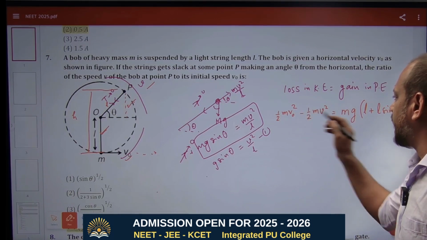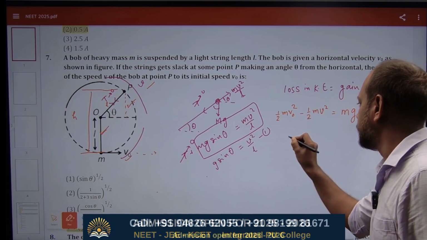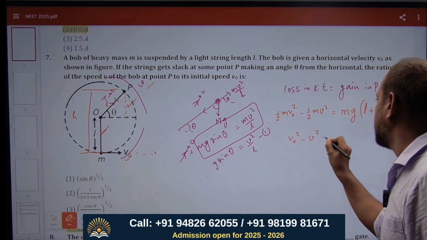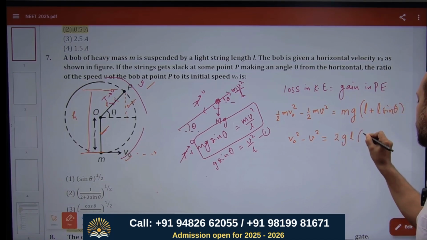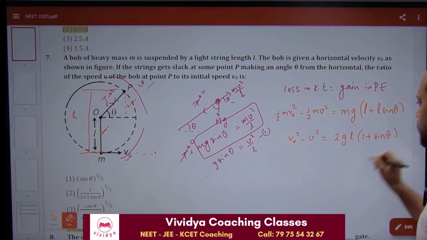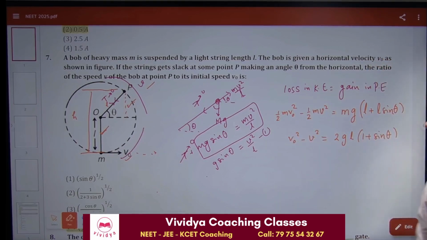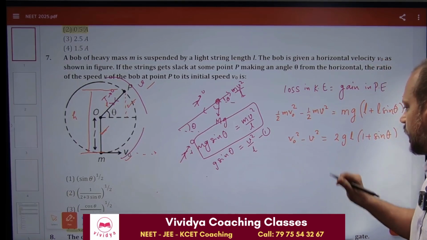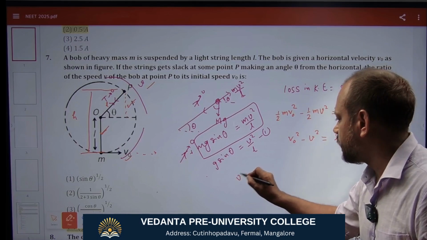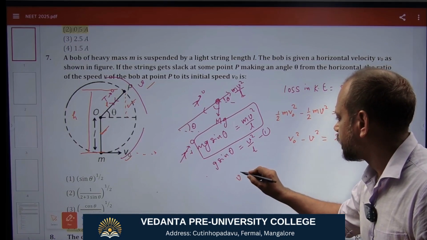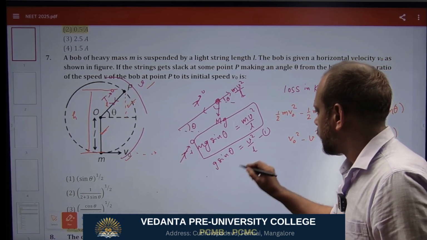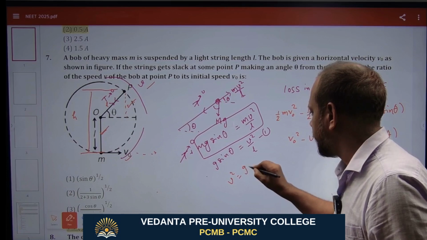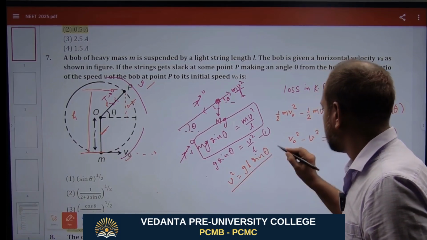Now again we'll cancel m. We'll get v naught square minus v square equal to 2gL, you can take common, (1 plus sin theta), right? Then what we have to find out is the ratio of v and v naught. So we'll solve for v from here. We have v square equal to gL sin theta, right?